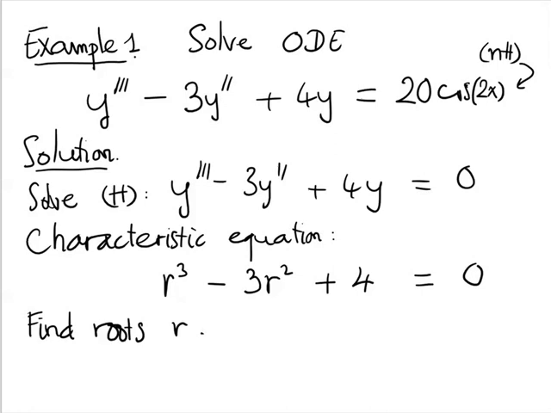Now, direct factoring will not work because we don't have any common factor from the three terms, and we cannot do factor by grouping either because we only have three terms, and it's not quadratic-like. For quadratic-like equations, we should have only even powers of r. Here we have r cubed. So we need to use a different method.